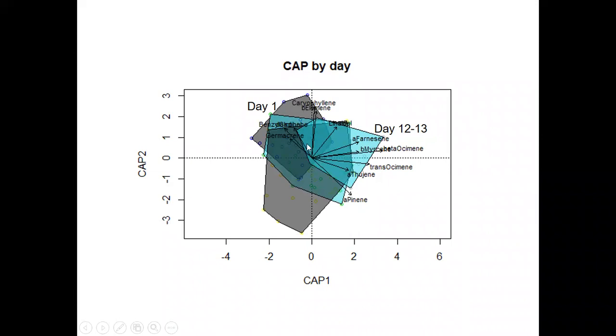Again, these 4 different polygons are representing the 4 different groups. The day 1 plants here are separated at least partly from the plants at the end of the drought, day 1 emitting lots of benzyl alcohol, day 12 to 13 emitting lots of alpha farnesene.